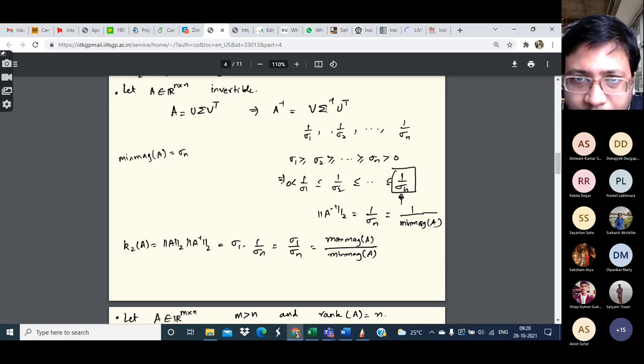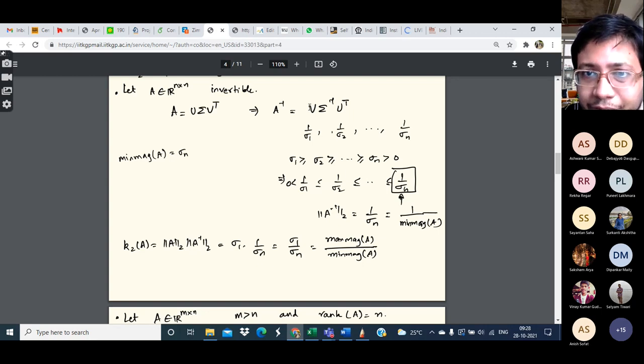Now it should be clear that the way this has been written, V is still an orthonormal matrix, U is still an orthonormal matrix. That means these V and U continue to serve as the singular vectors of A inverse.